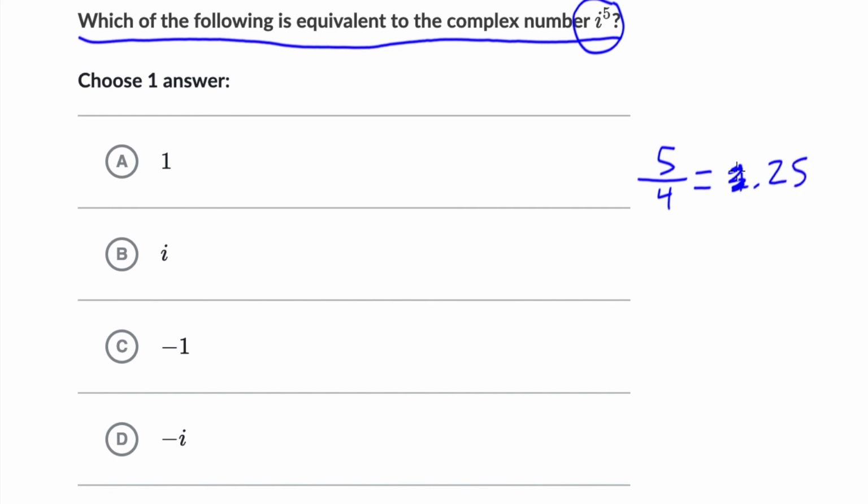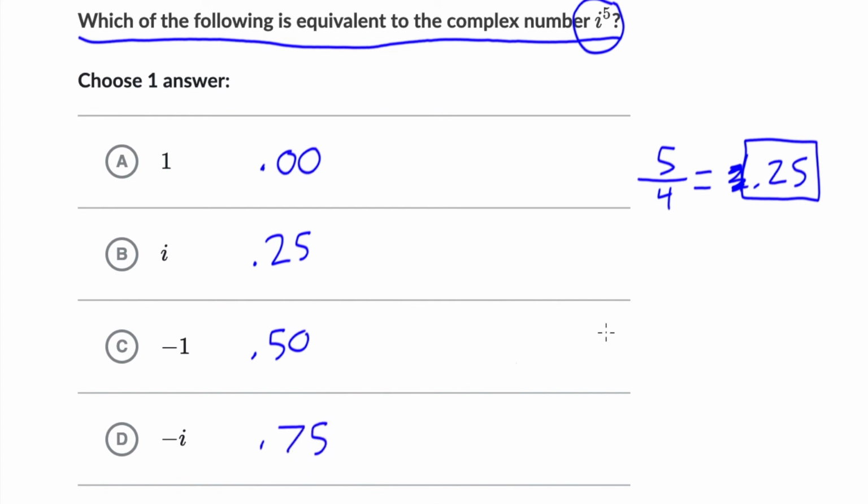Cross out whatever number you have before the decimal place. And let's label each term with a corresponding decimal. So this is a 0.0. This is a 0.25. Negative 1 is a 0.50. And negative I is a 0.75.